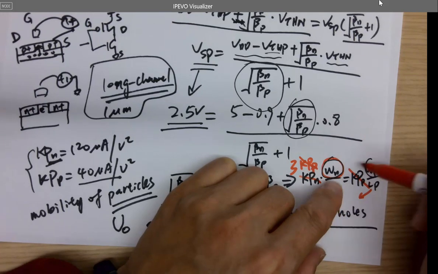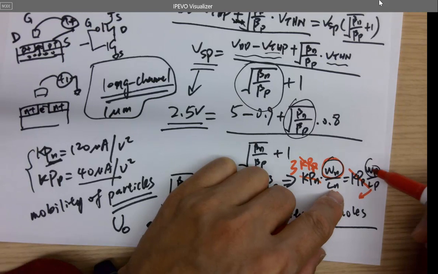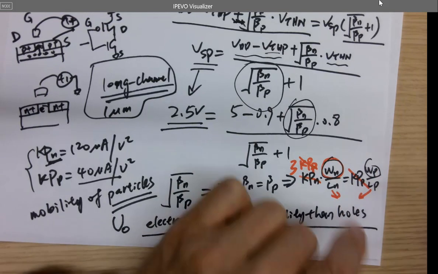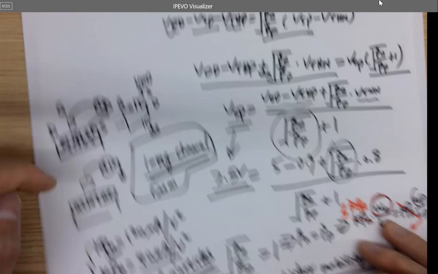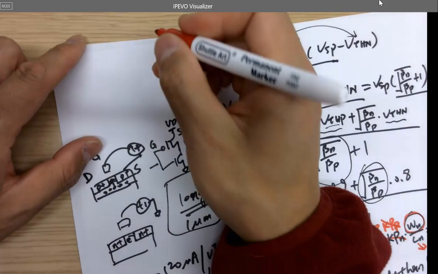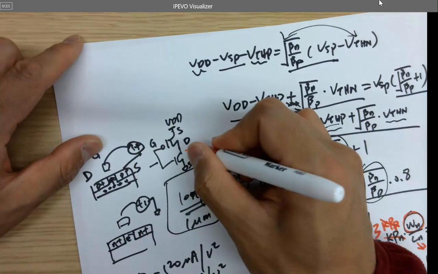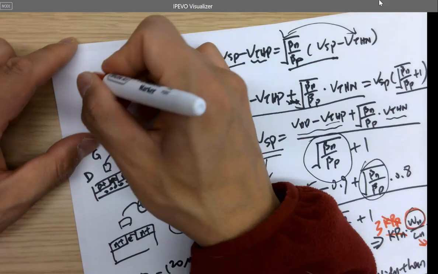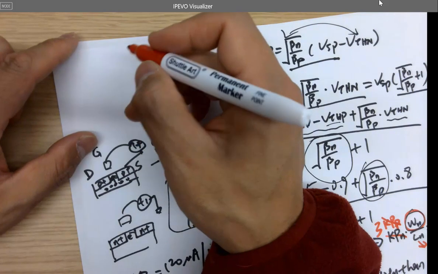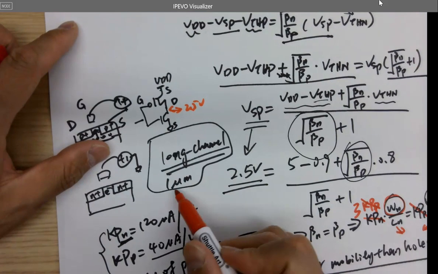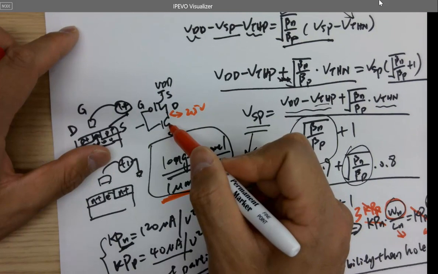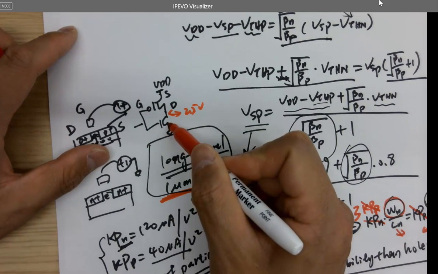So 3WN equals WP, so we need WP to be bigger because 3 times WN is WP. So WN is definitely smaller than WP. So in that case, if you want this guy to switch at 2.5 volts, if we are using, for example, 1 micron, it's a 1 micrometer technology. It's 1 micrometer for the length.